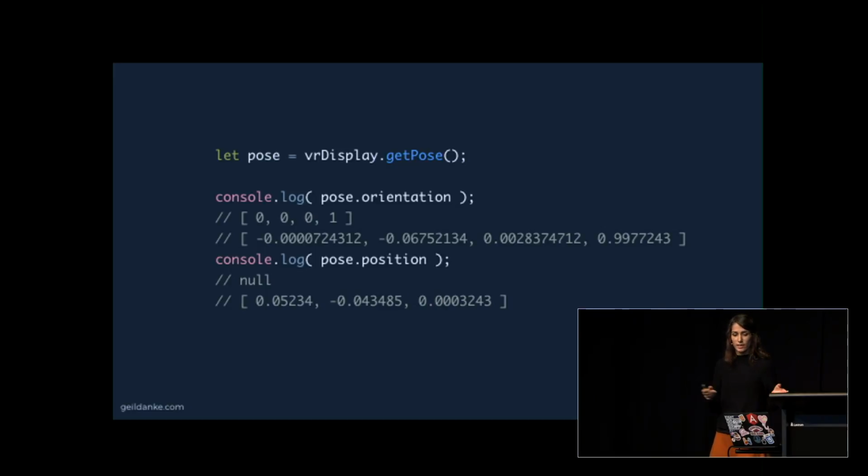For example, there's the user's orientation, which returns a quaternion, or the user's position, which returns a 3D vector. The mobile VR devices will return null for the position because, like I said before, it has no sensors to know where a user is in the room.